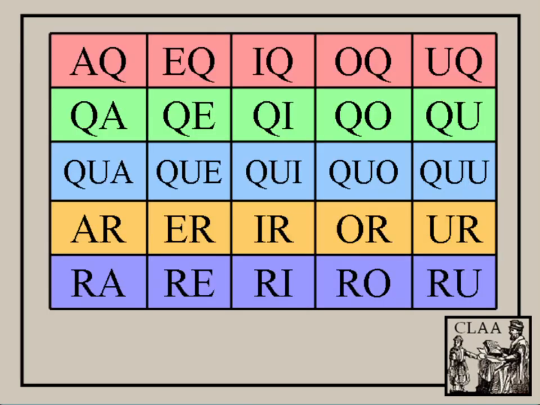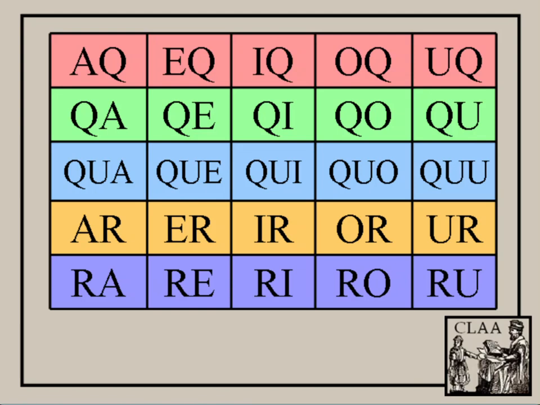In this lesson, we've learned to read and spell all of these syllables on the screen. In the red row on top, we learned ak, ek, ik, ok, and uk. In the green row, we learned ka, ke, ki, ko, and ku.